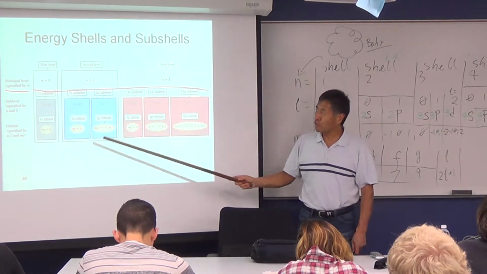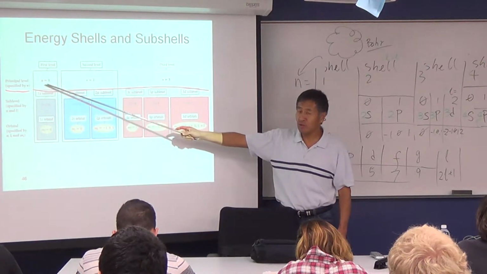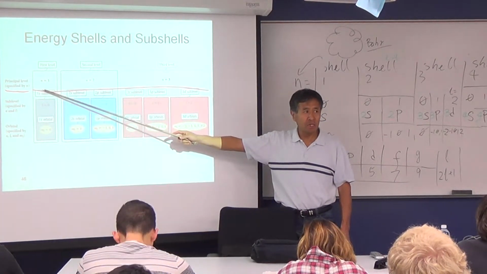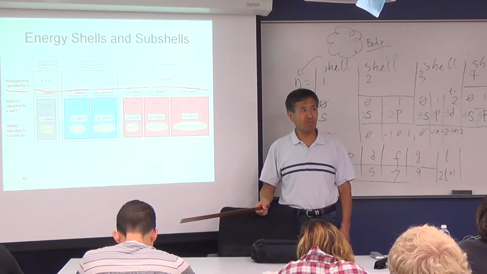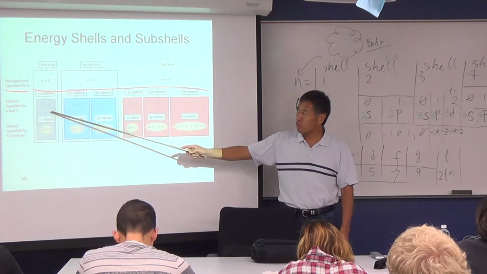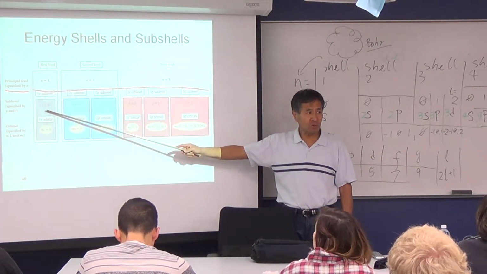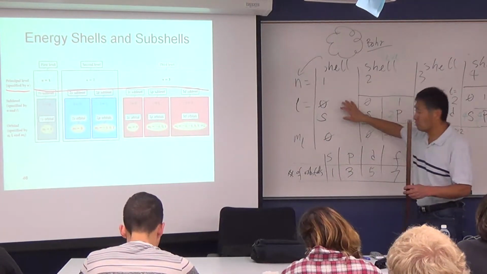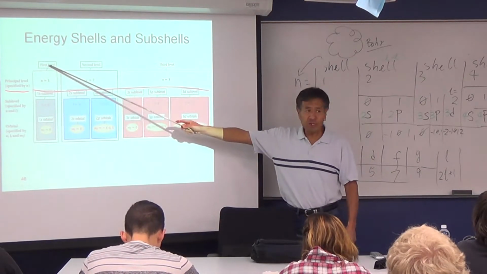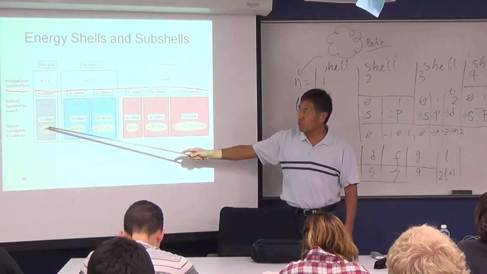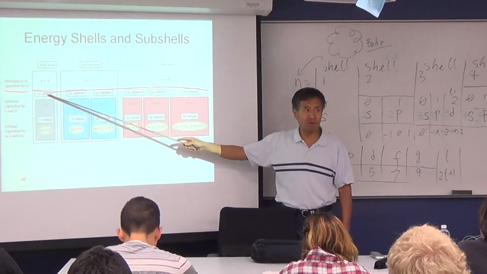And if you want to go one more step, if you tell me that n is 1, and you still remember those formulas for l and for ml, you figure out there's only 1 possible number for l. If n is 1, there's only 0. So very similar to what we have here, for this first level there's only 1 sublevel.